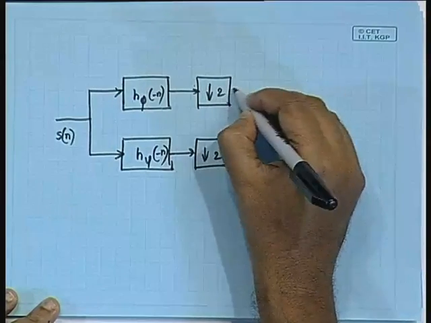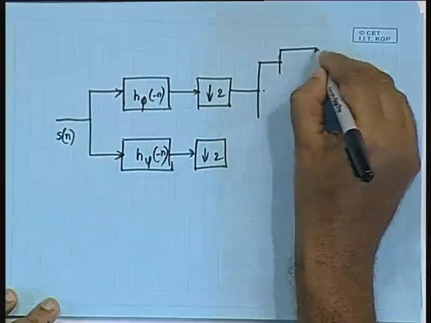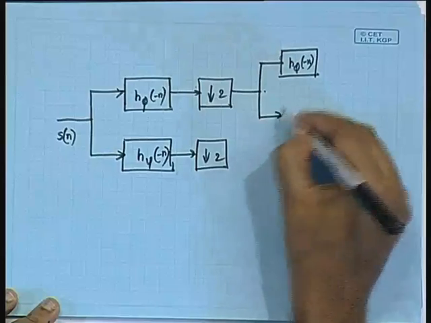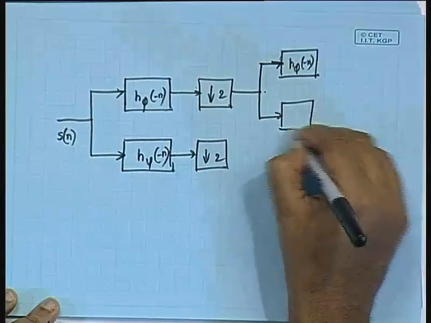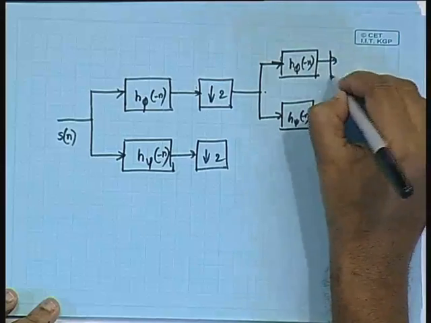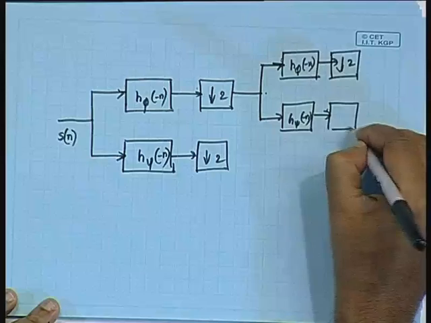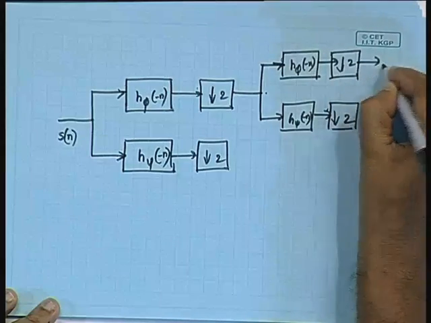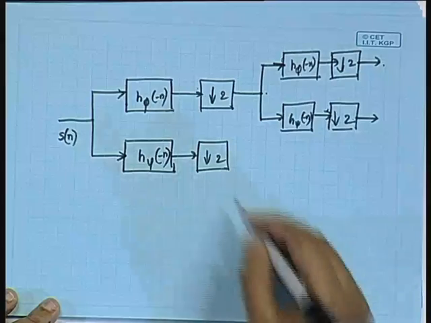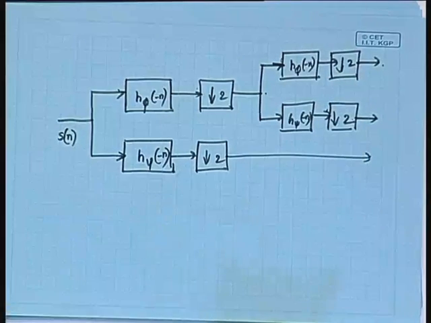This is our low pass filtered version, and this I again analyze further with H phi minus n and H psi minus n, again decimating by 2, like this. So, it is possible for us to obtain such a bank of analysis filters.